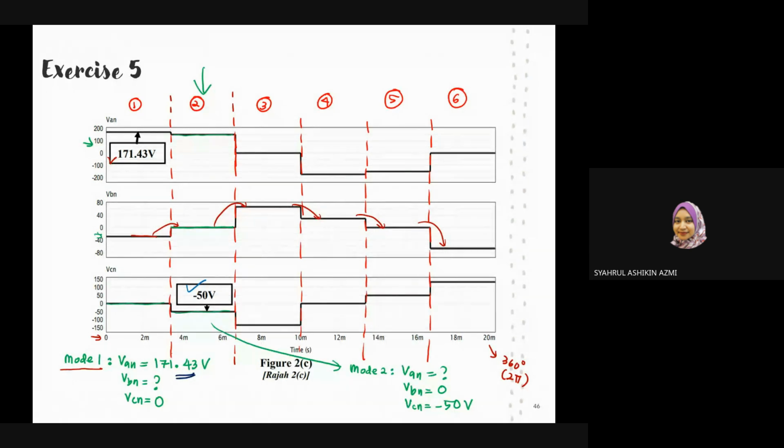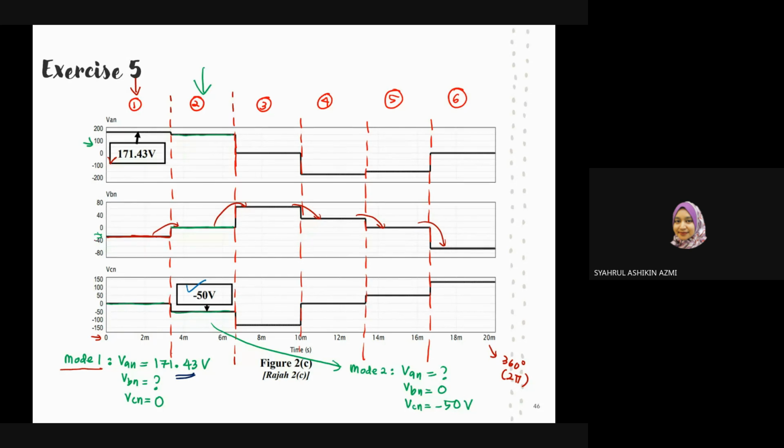If you look vertically, for VBN, the level is somewhere between negative 30 to negative 40 volt.